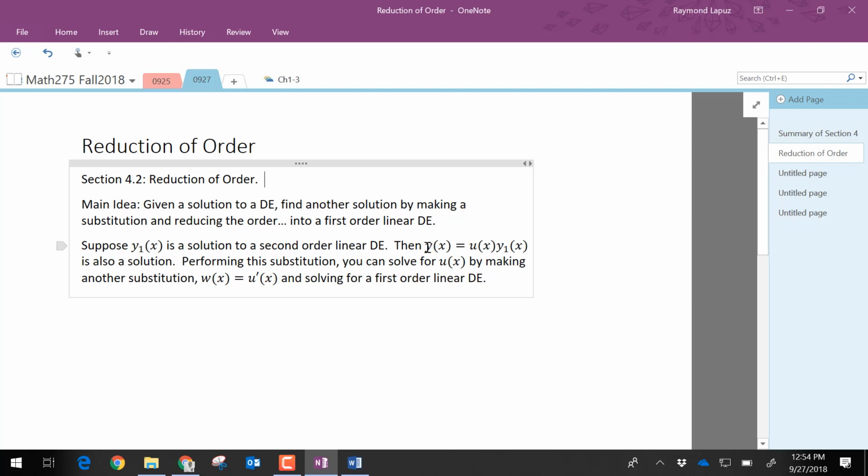The substitution is essentially going to be the first solution times another function. We're going to rely on having one solution already, and then find another solution that's linearly independent, by taking our first solution and multiplying it by another function.